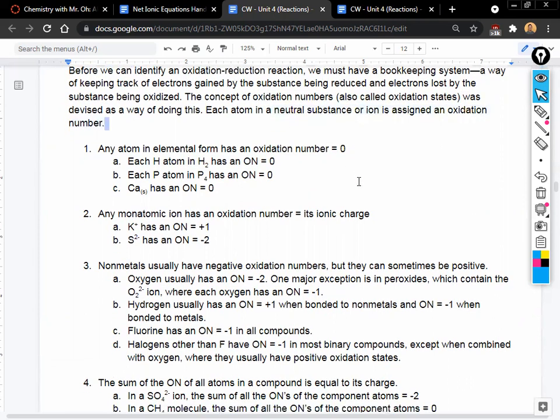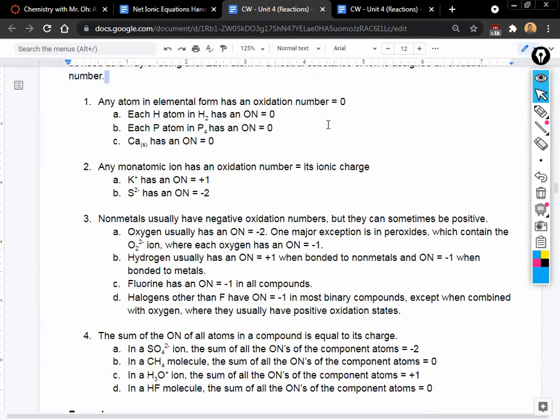These rules you'll just have to memorize, unfortunately, but it comes easier if we do problems. So let's go through the rules together, and then we'll jump into some problems. Any atom that's in its elemental form has an oxidation number of 0. Elemental form is basically how it's found naturally.